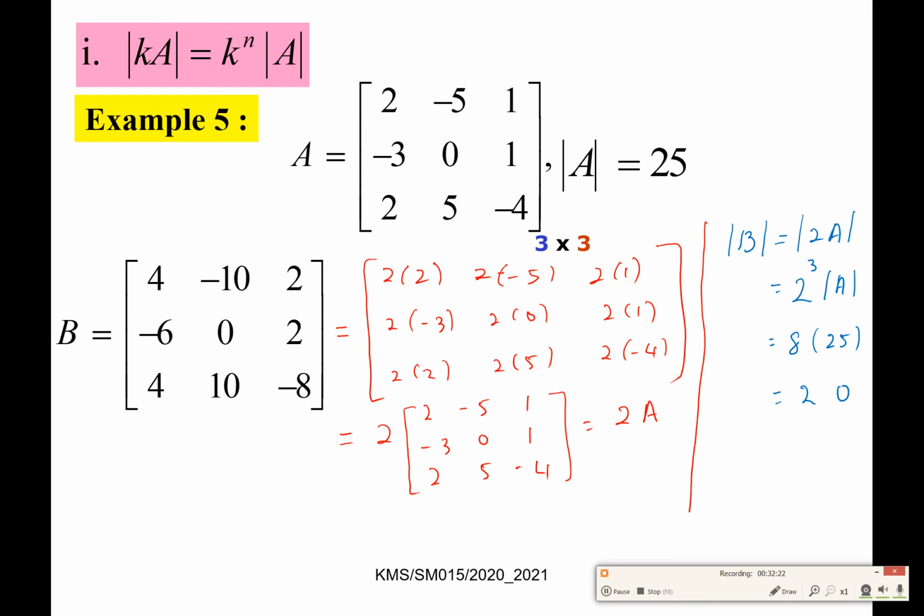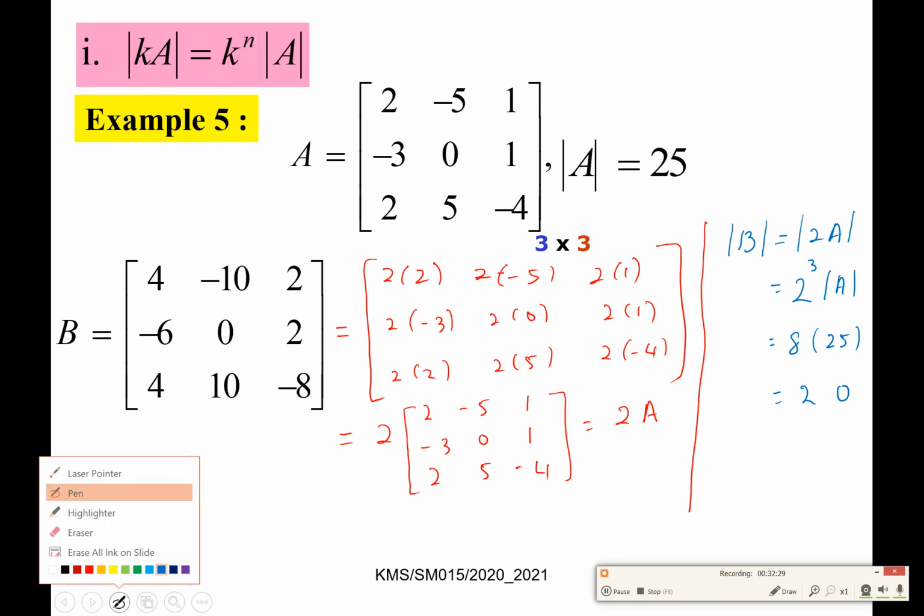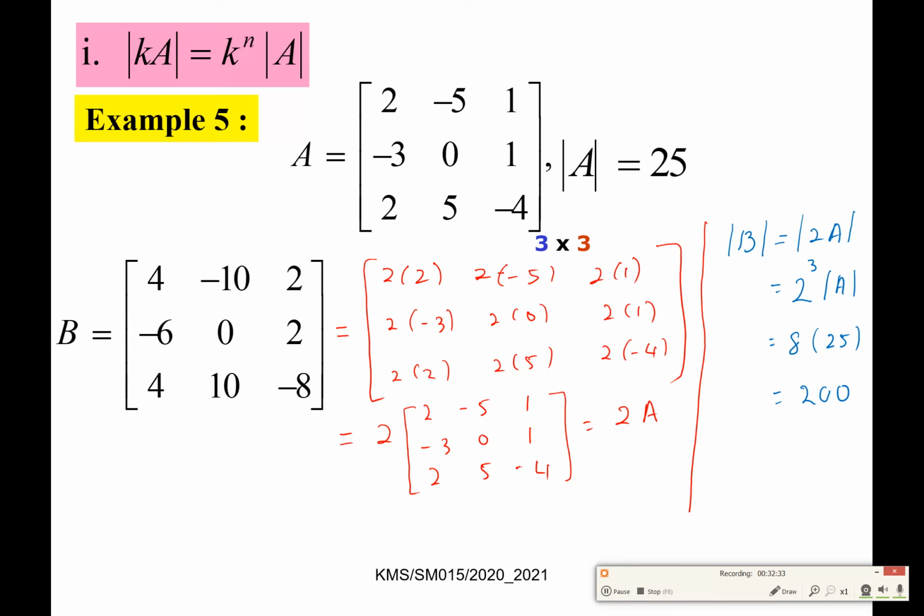Let me repeat. This is a basic property of determinant. The first basic property: you are given A, you are given its determinant, and you are given this matrix B. You can see both matrices A and B have the same order, 3 by 3.